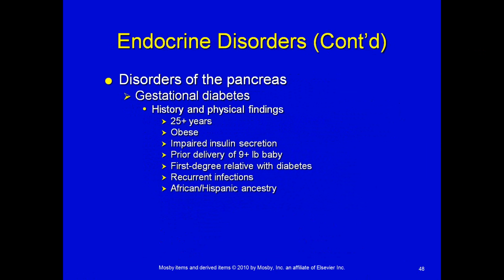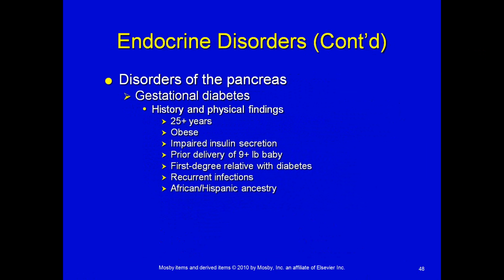Gestational diabetes occurs primarily in women who are 25 years or older, who are obese, who have probably a borderline impaired insulin secretion to begin with. If they've had large babies prior, they're at a higher risk of gestational diabetes.